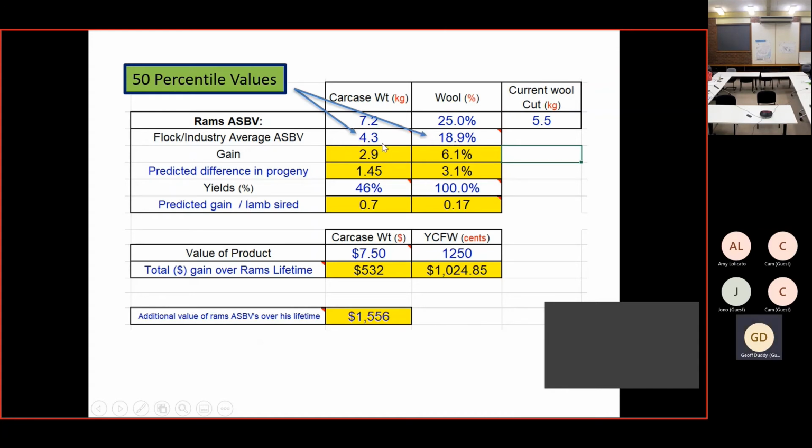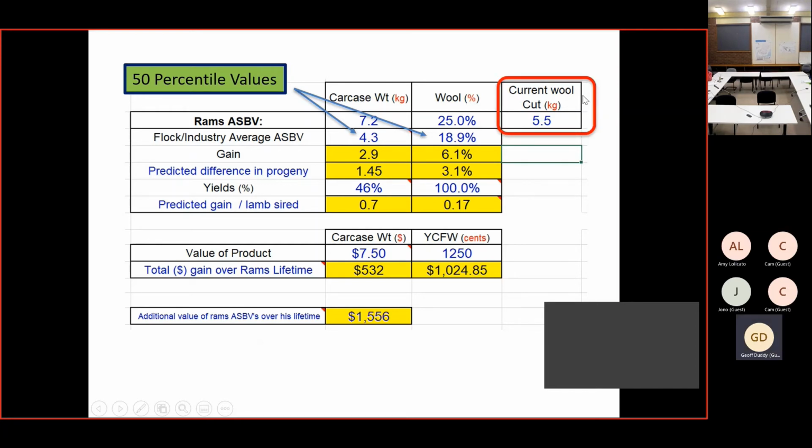These values here are the average for the merino database at the moment. So the 50 percentile value for post-weaning weight is 4.3, and 50% value for clean fleece weight is 18.9.